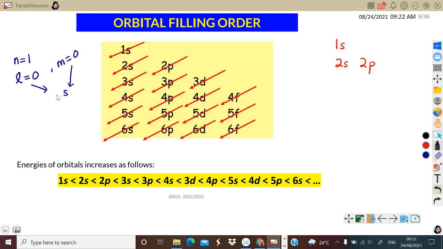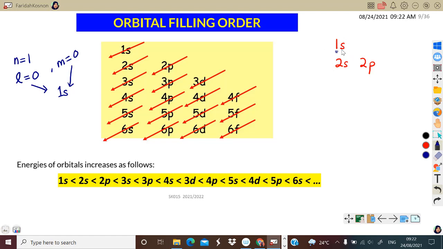So the allowed orbital adalah 1s. Jadi dekat sini, ini merujuk kepada principal quantum number n. s adalah orbital, ataupun subshell. Kita dah belajar hari tu, saya gunakan analogi dome, and then kita gunakan apa? Level and room.